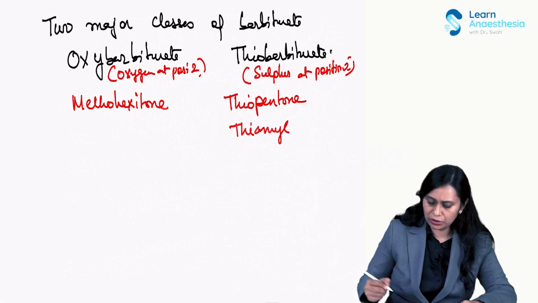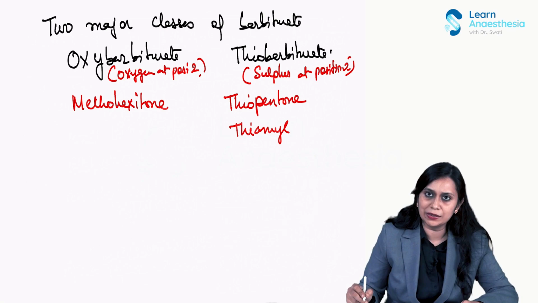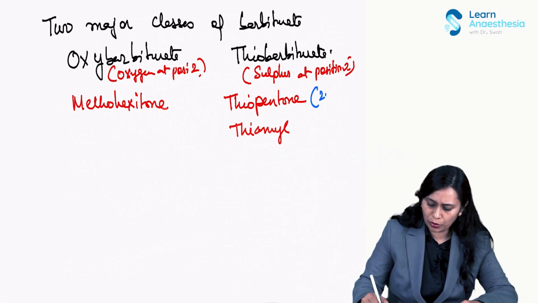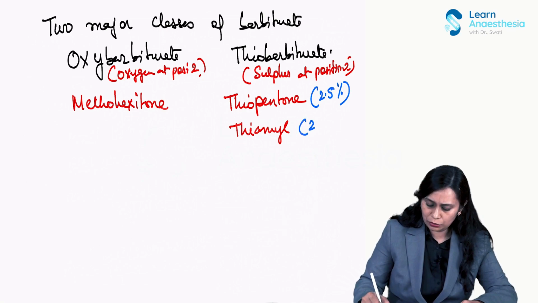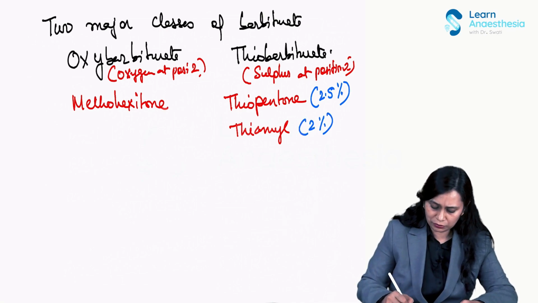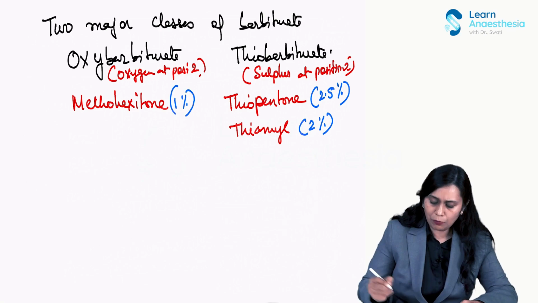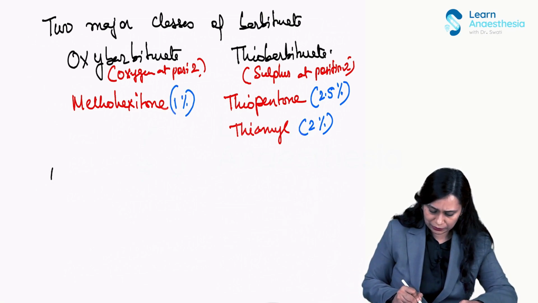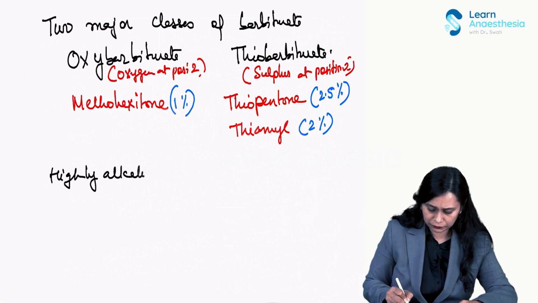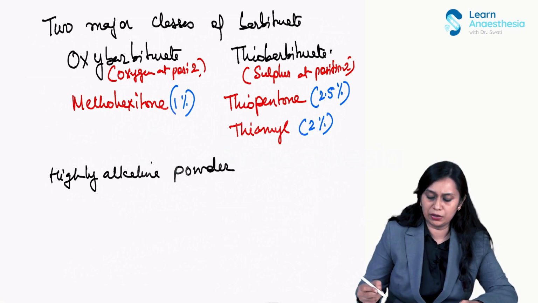The concentration in which these drugs are used for anesthesia. Thiopentone, 2.5% concentration is used for anesthesia. Thiamylal, 2%. Methohexital, 1%. Now, most of the barbiturates are highly alkaline powder, and they have to be reconstituted.